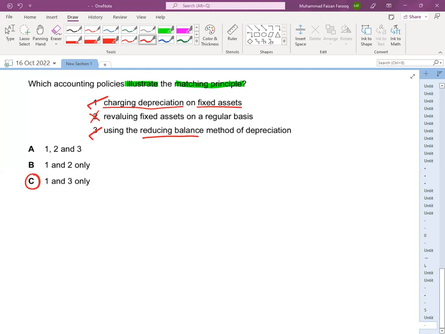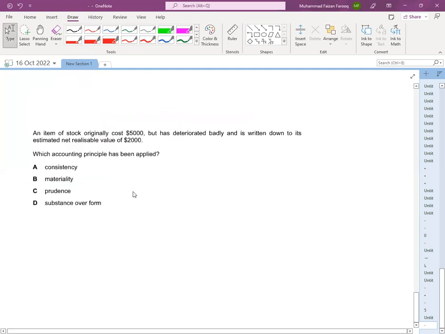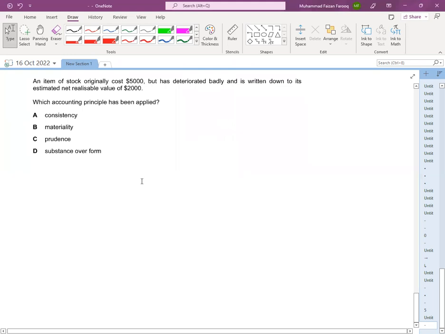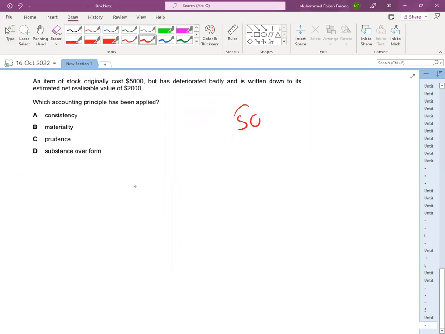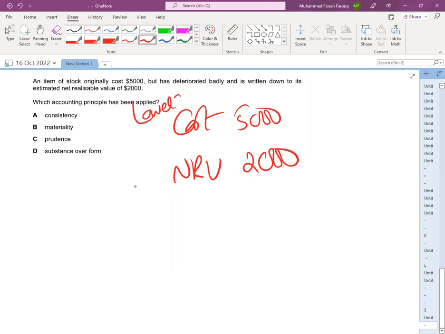The next question is on your screen right now. An item of stock originally cost 5,000 and is written down to an NRV of 2,000. Is it an expected loss? The cost was 5,000, the NRV is 2,000. As per the inventory rule, lower of cost and NRV, we should record it at the lower figure.